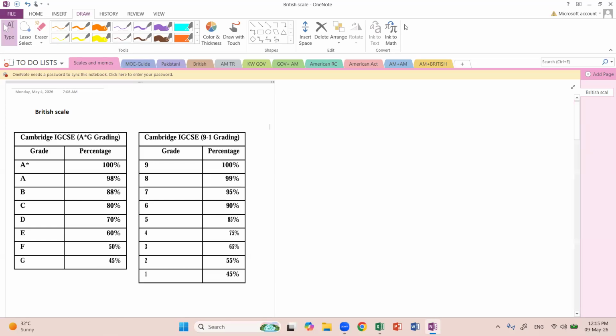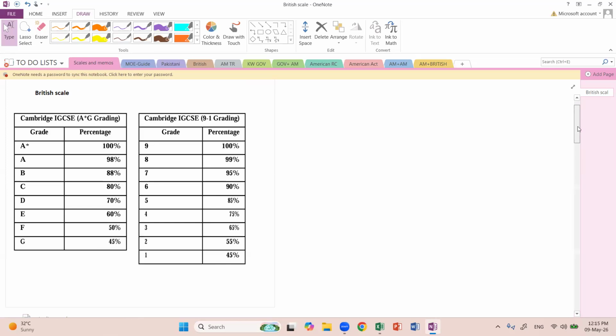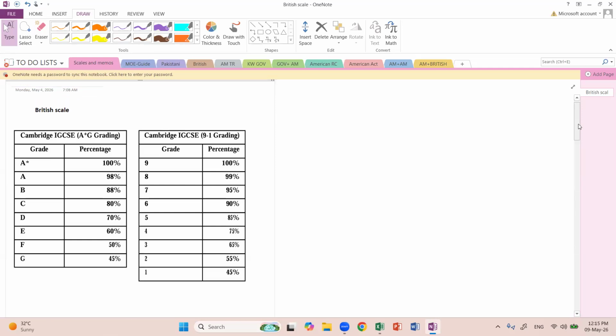You have to ask the school itself. And you should not accept any student who doesn't have a clear grading system or a scale. Okay? All right. We've been facing the same problem.